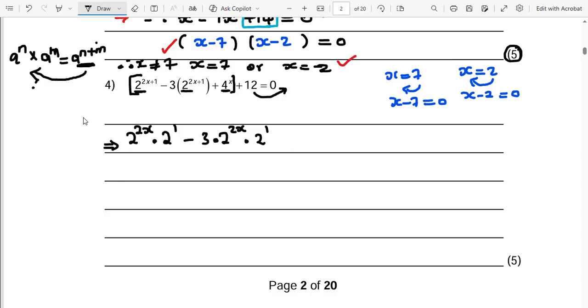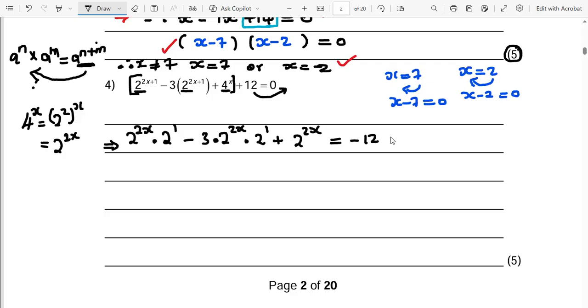Then if I have 4 to the x, it can be 2 to the power 2, everything to the x. You multiply the exponents. This is just 2 to the power 2x. So I can change the 4 and say this is plus 2 to the power 2x. Then let's bring the 12 to this side.